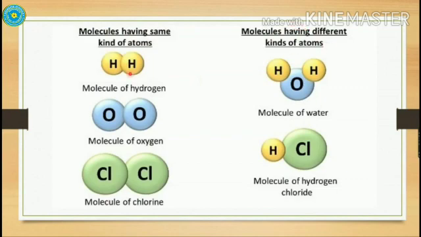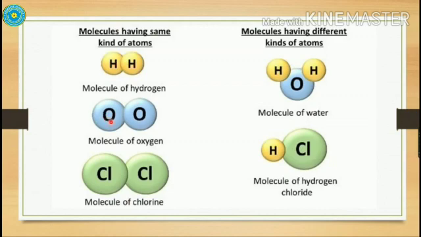Here you can see molecules. I have already told you that when hydrogen atoms combine with the same kind of atoms, they are called molecules of an element, that is, molecules having the same kind of atoms. Here hydrogen is a molecule formed by the same atoms of the hydrogen element.